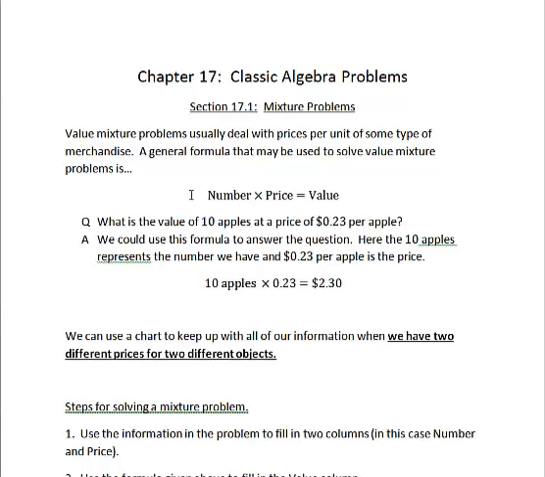Okay, so what's going to happen is there's going to be some missing information. We're not going to be told the number and the price of the apples and oranges. Okay, and that's just to give you an idea as to what kind of problems we're going to be looking at.